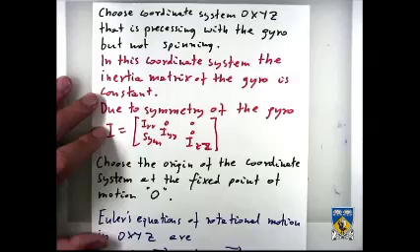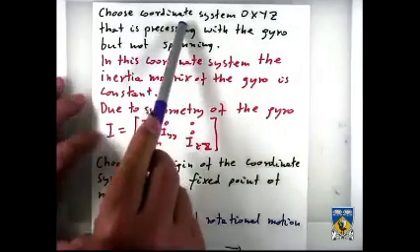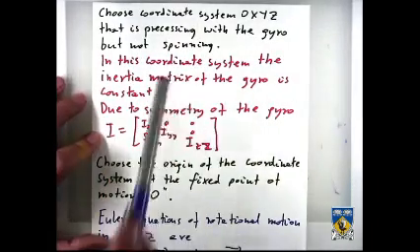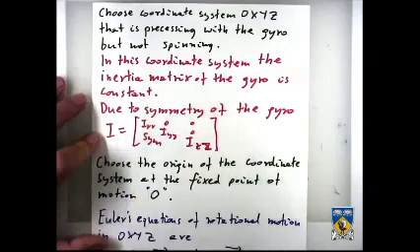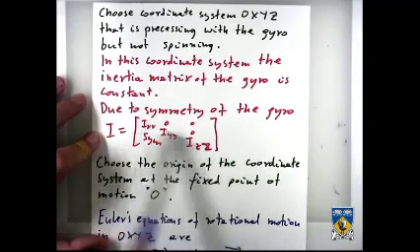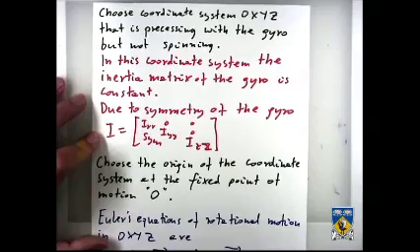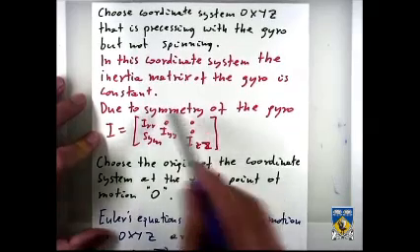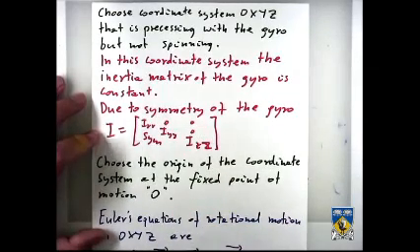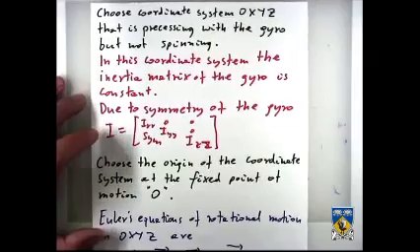In that system, the inertia matrix will be constant. Due to symmetry, of course, this is the case, so off-diagonal components are equal to 0.